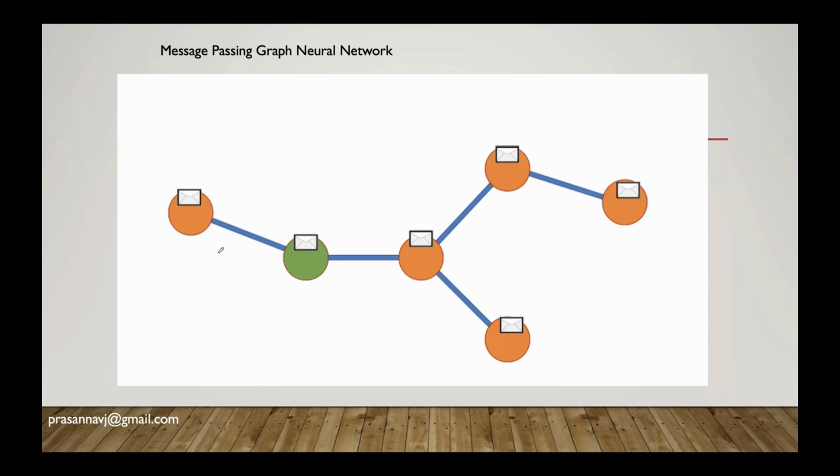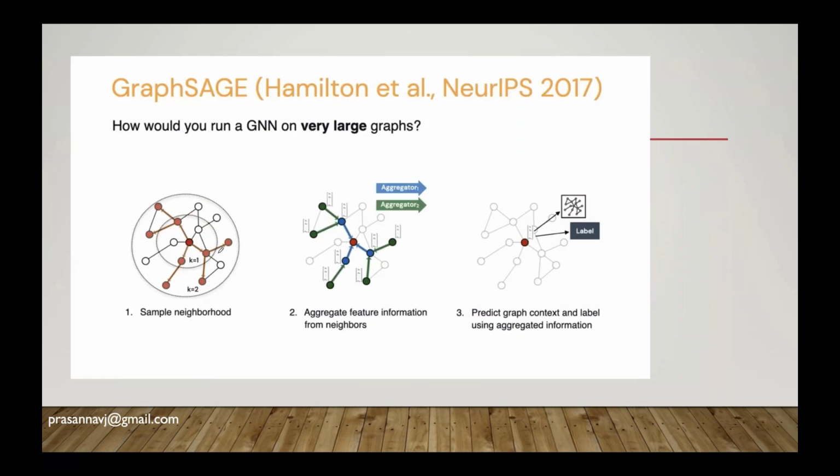The next variant is for when the size of the graph goes very large. We have today looked at a social graph in TigerGraph, where you had over a billion nodes. When you have such a large graph, it would be very difficult for you to actually process the nodes and the data details. That's where a new variety of graph algorithm came, called GraphSAGE.